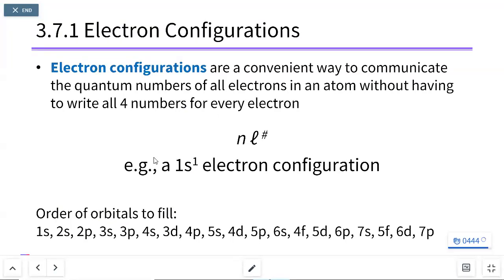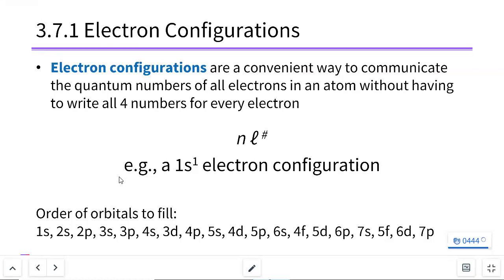Okay, so when we talk about electron configurations, they take us from looking at electrons individually inside of an atom to looking at them kind of broadly, looking at every electron all at the same time, as opposed to that one electron is in this one type of orbital, this one energy level, this one sublevel.